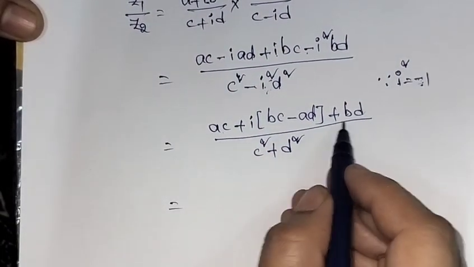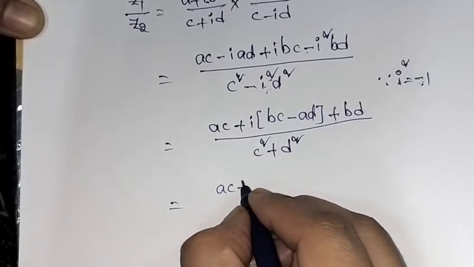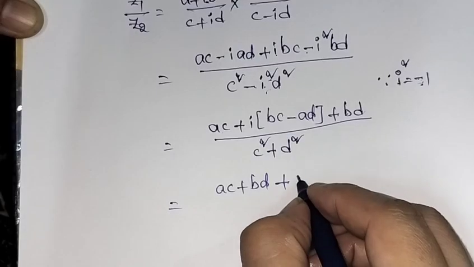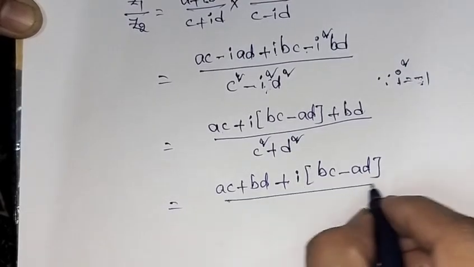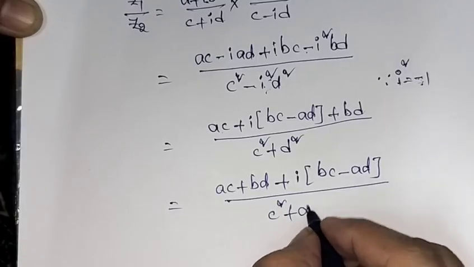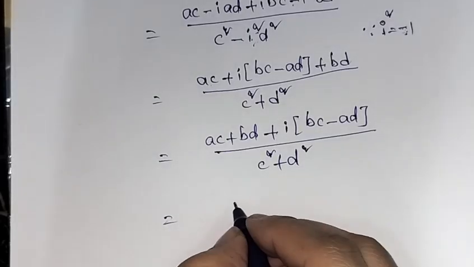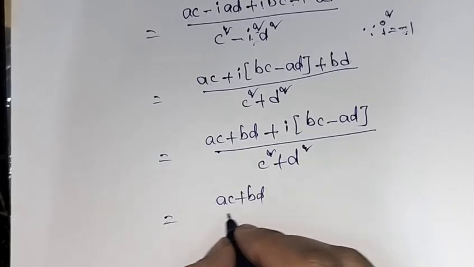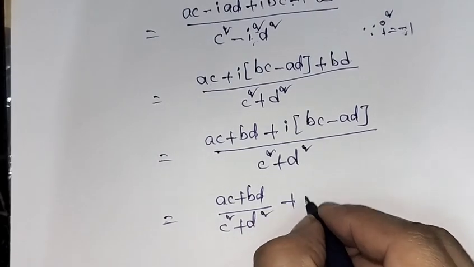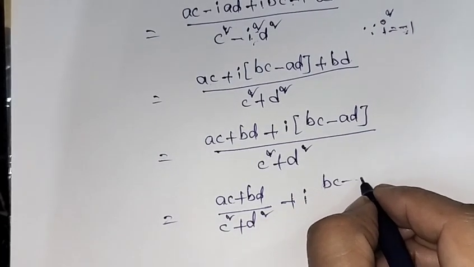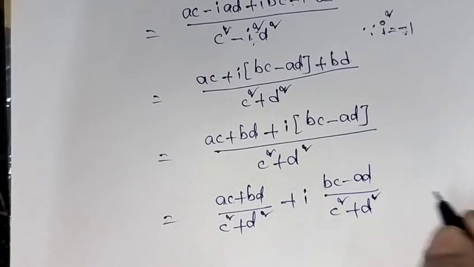So I am writing the real parts on one side: (ac + bd + i(bc - ad))/(c² + d²), which equals (ac + bd)/(c² + d²) + i(bc - ad)/(c² + d²).